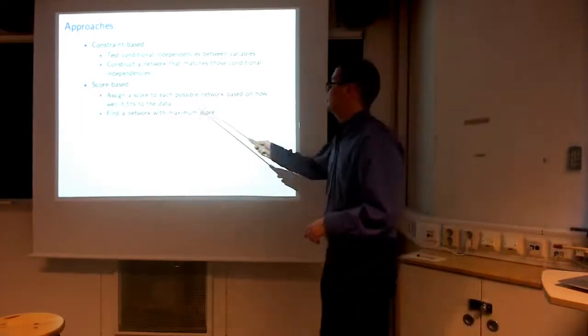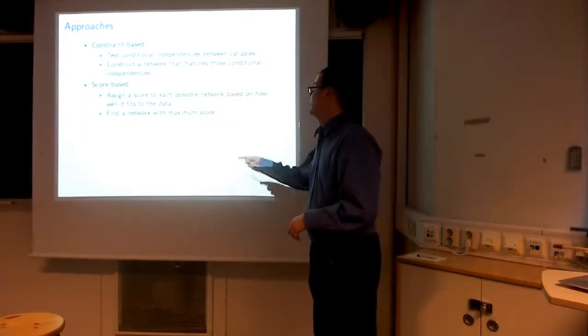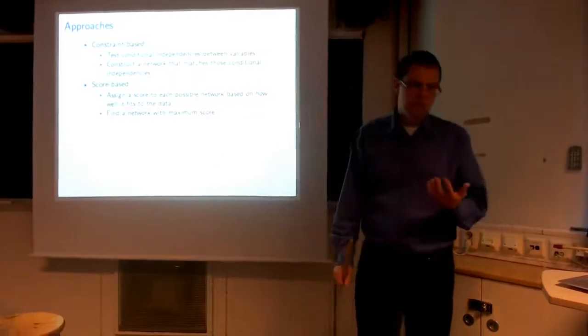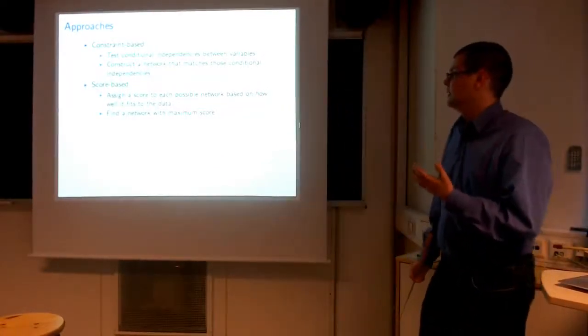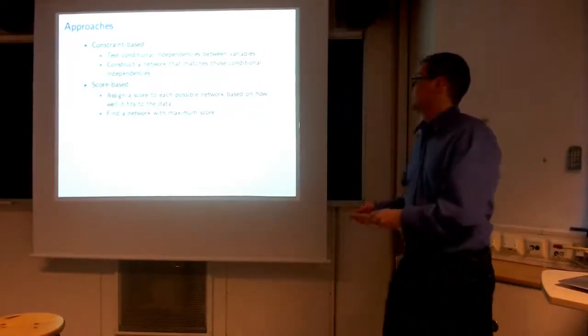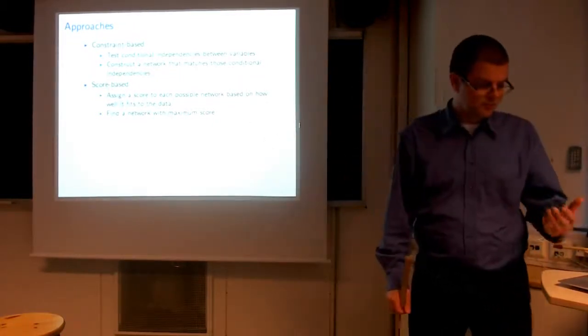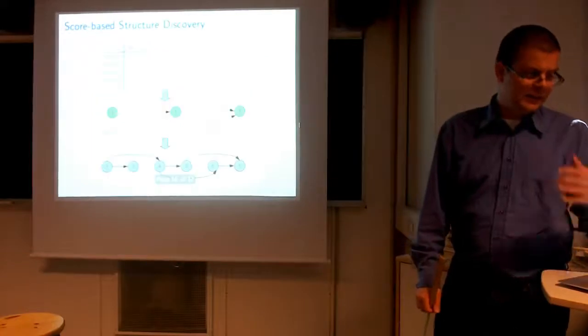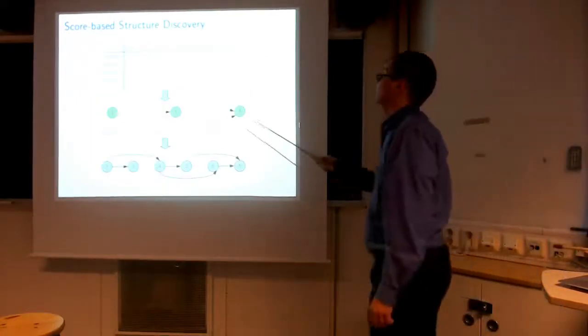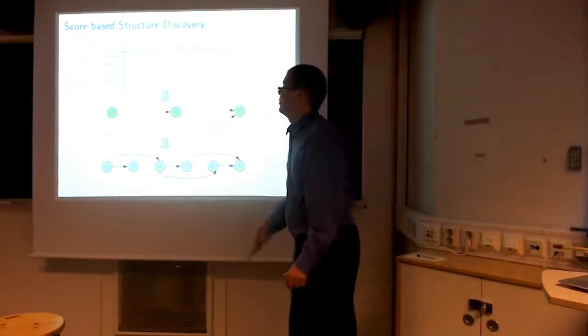The other approach is the score-based approach, where each network is assigned a score based on how well it fits the data, and then we try to find a network that maximizes the score. And in this work, I will take the score-based approach.